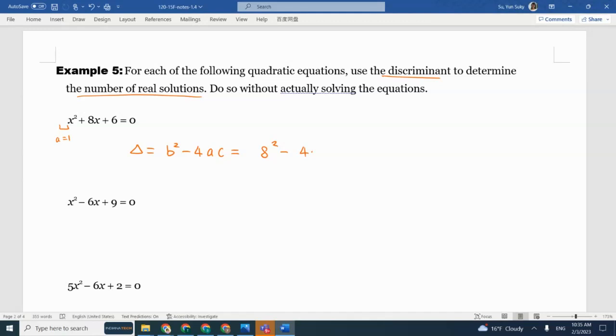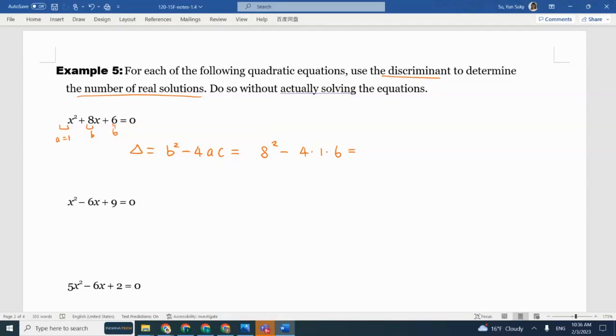So therefore, in your solution or in your discriminant, you won't see x. So don't include x. So A is 1, B is 8, and C is 6.